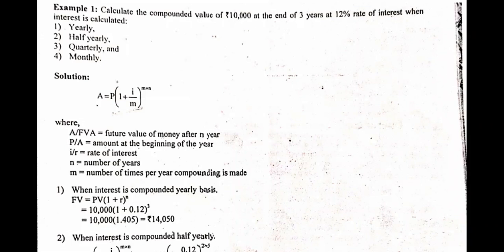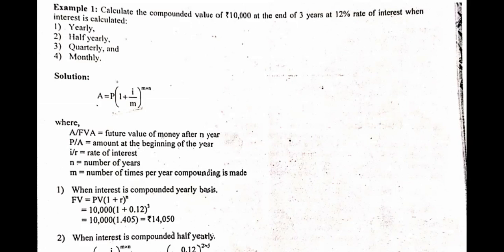So 10,000 into 1.12 raised to 3. When you find the final answer, you'll get 1.405. 10,000 into 1.405 is 14,050 rupees. This is if the interest is compounded yearly.